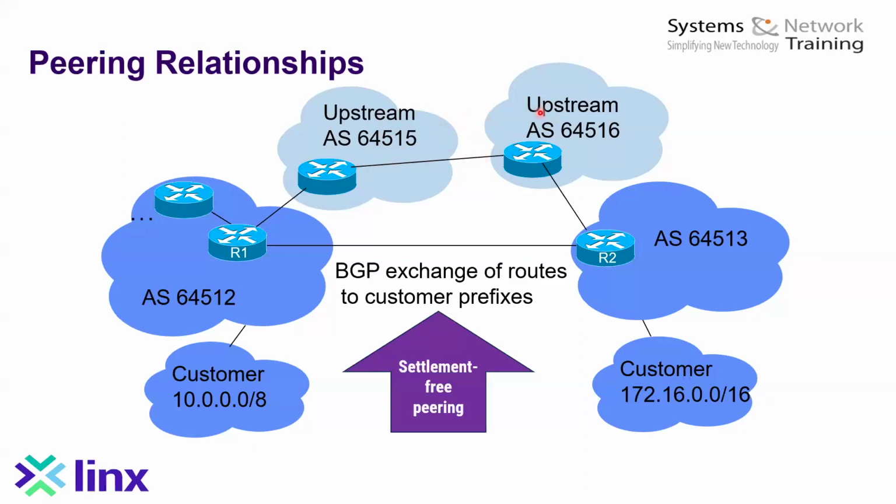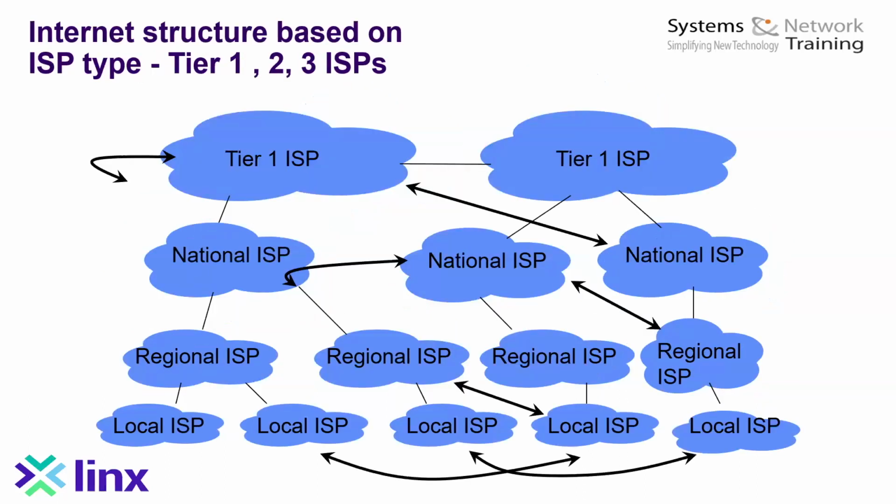So if this is a top tier and this is a top tier provider, they peer with each other to effectively build out the core of the internet, and they don't charge each other for doing this peering either, in the same way that these service providers don't charge each other. But what they do charge, of course, is to their downstream providers that they are providing transit for. So as we can see here, this peering is also known as settlement-free peering because of that financial aspect.